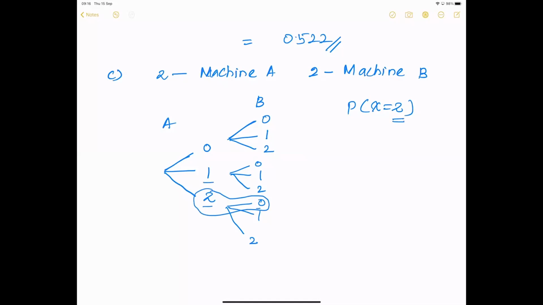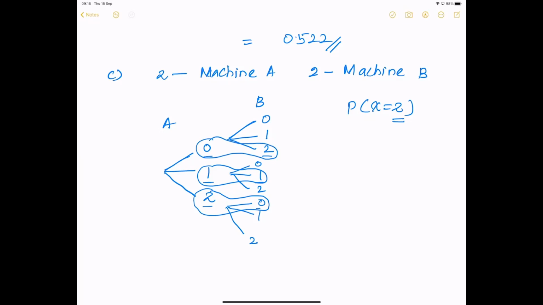One from A and one from B, this option. Another option is zero from A, two from B. That is also one option. These three options we can take.